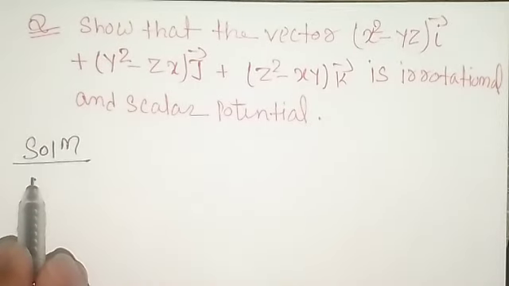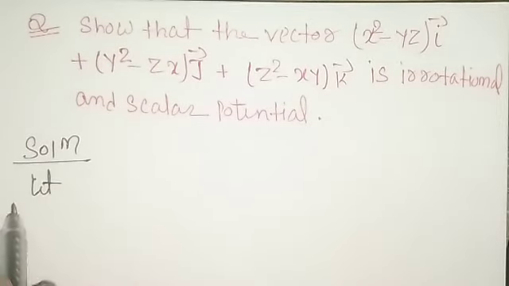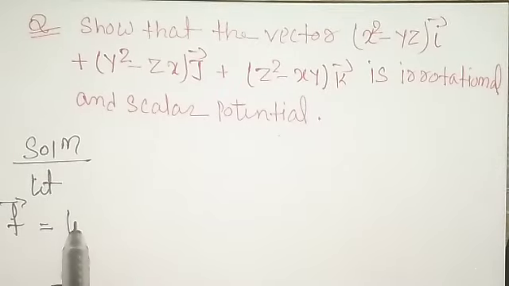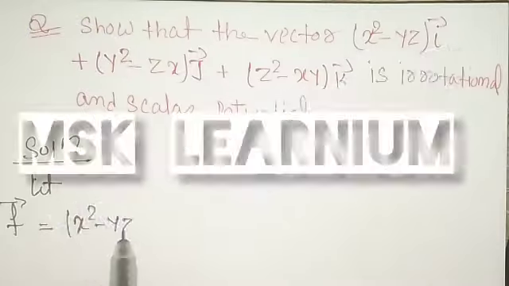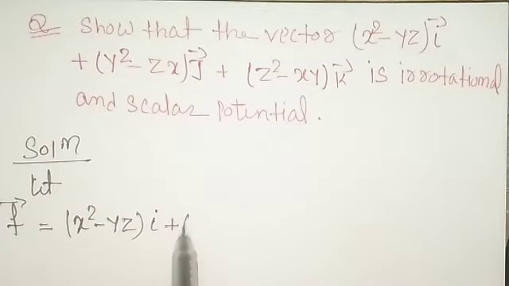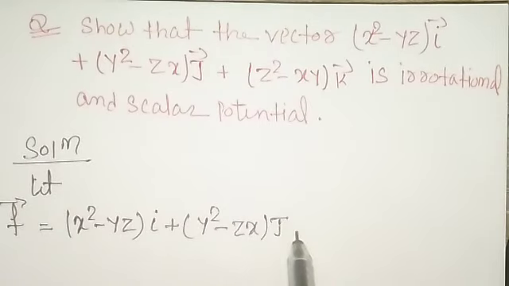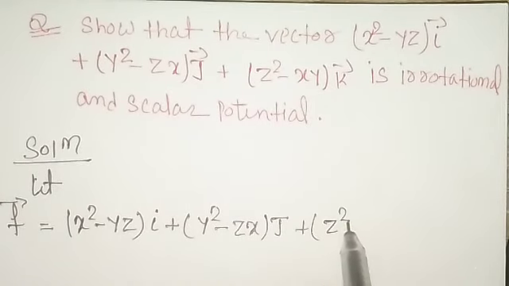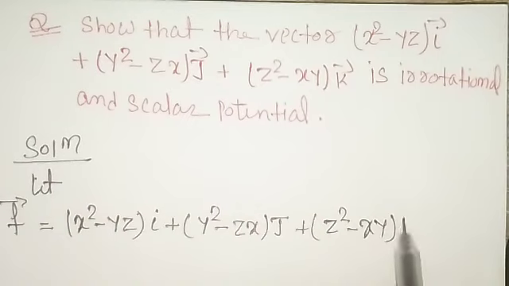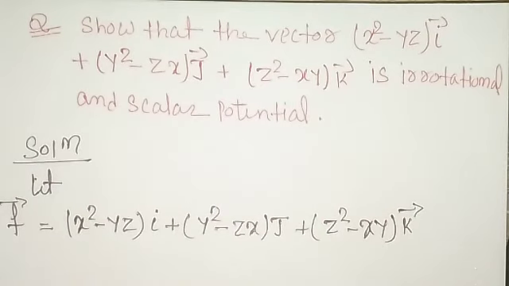Let the given vector F be equal to (x² − yz)i + (y² − zx)j + (z² − xy)k.